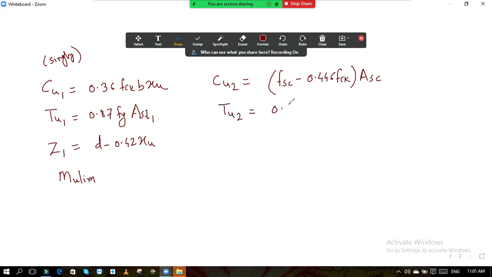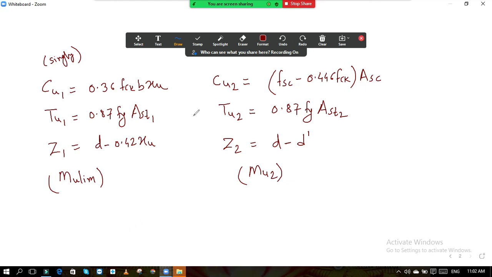Tu2 is nothing but 0.87 fy into Ast2. And what is Z2? Z2 is the lever arm between Cu2 and Tu2. It is d minus d dash. Okay. And here the bending moment generated we called it as Mu2.